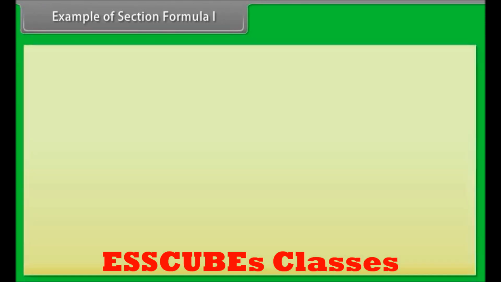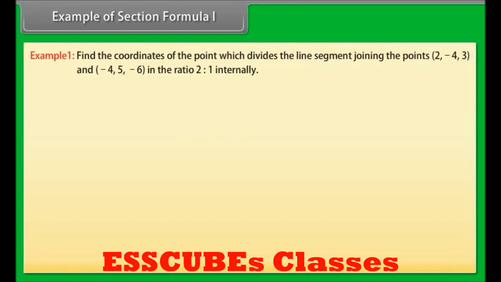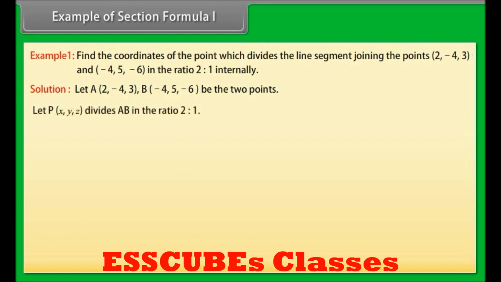Example of section formula 1. Find the coordinates of the point which divides the line segment joining the points (2, -4, 3) and (-4, 5, -6) in the ratio 2:1 internally. Solution. Let A (2, -4, 3) and B (-4, 5, -6) be the two points. Let P(X, Y, Z) divide AB in the ratio 2:1.